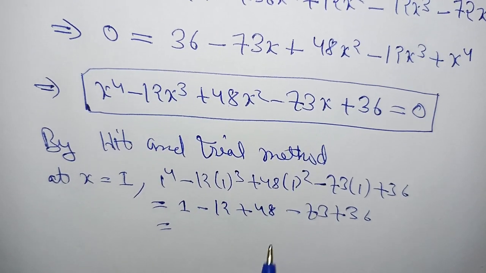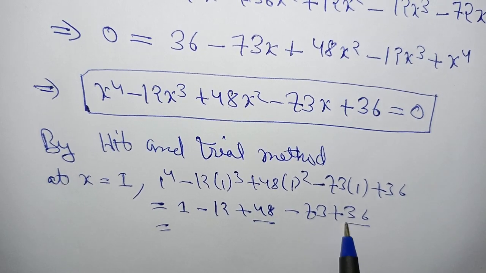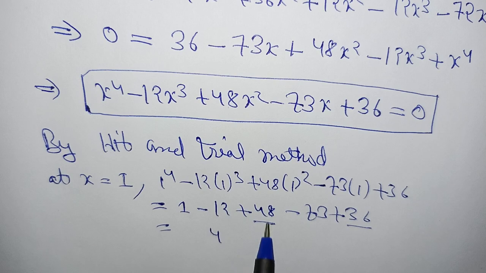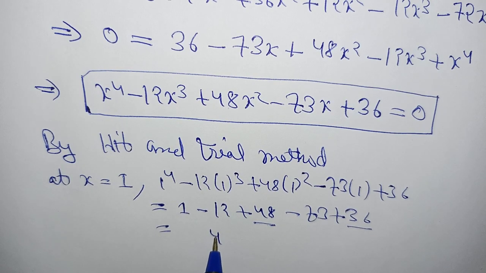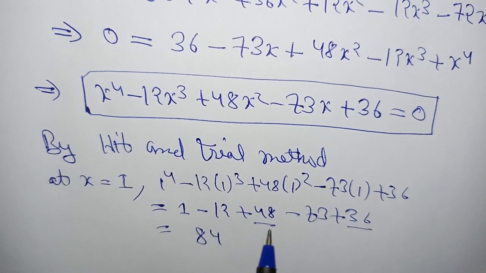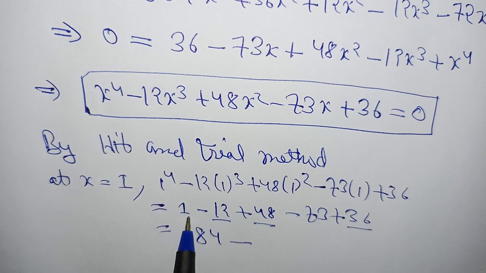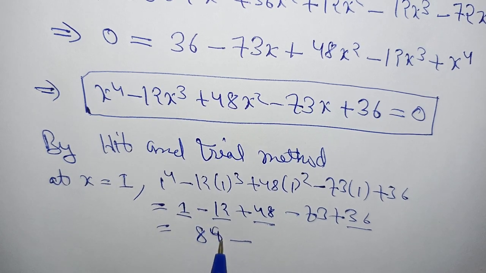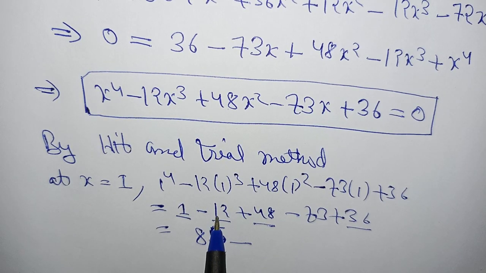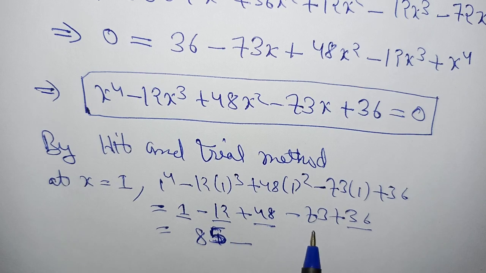The positive terms are 1, 48 and 36, which make 85. Now the negative terms are minus 12 and minus 73, which will become minus 85. This gives the value 0.